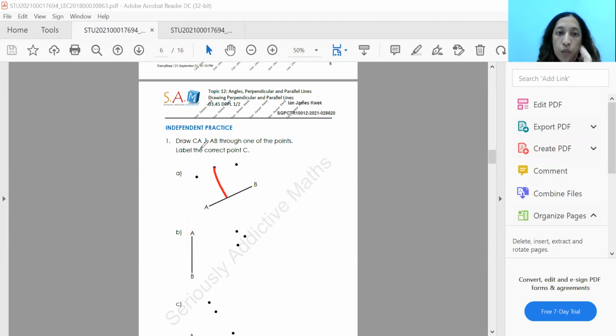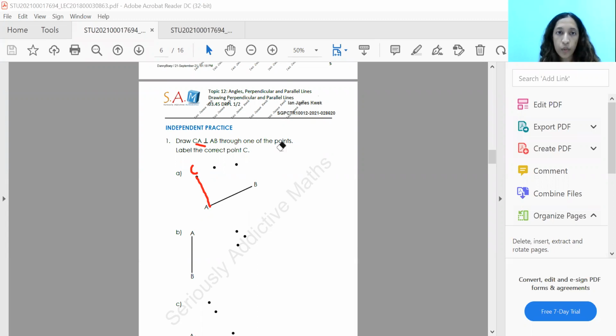No, it's not, because they want CA. Okay, you could put C over here, but you cannot put A over here because A is already given. So the middle one is absolutely wrong. Okay, what about this one? Wrong as well, right? So the correct one would be to draw it right over here. Now, there you go. CA perpendicular to AB.